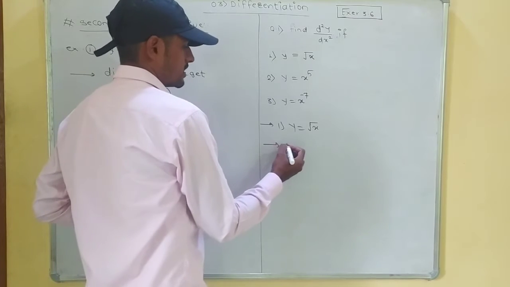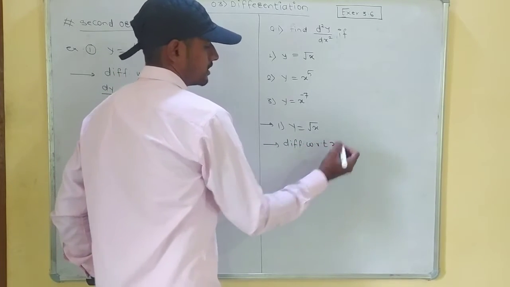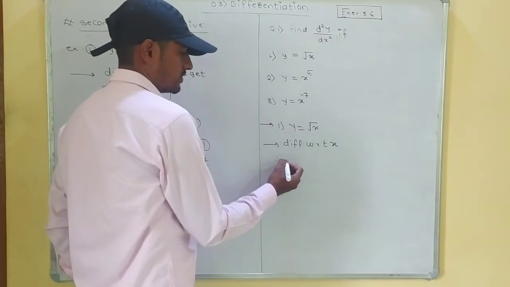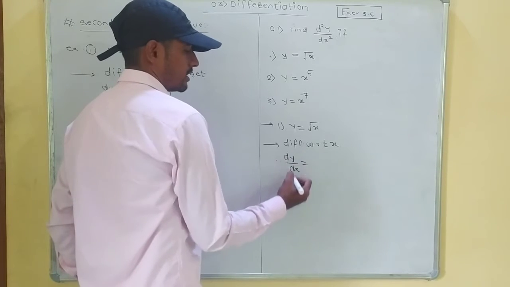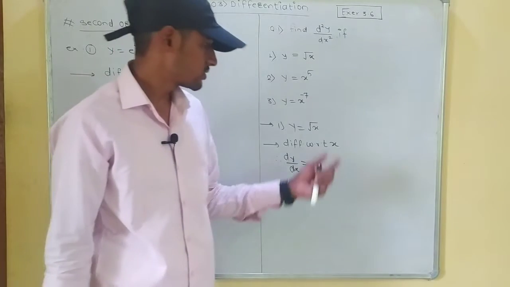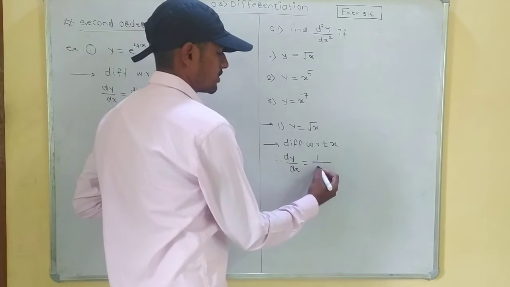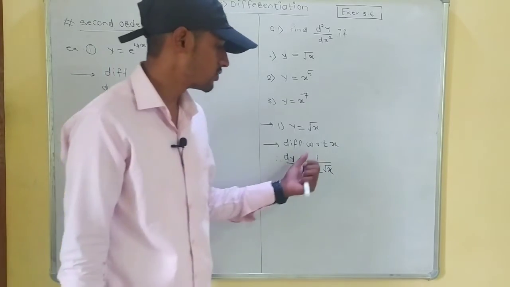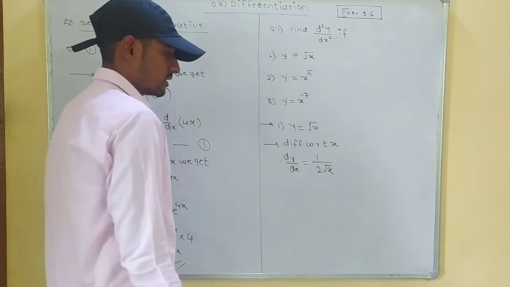So differentiate the given function with respect to x. Its derivative is denoted by dy by dx, and we know that the derivative of root x is 1 upon 2 root x. So write down here 1 upon 2 root x. Okay, dy by dx is equal to 1 upon 2 root x. This is the first derivative.